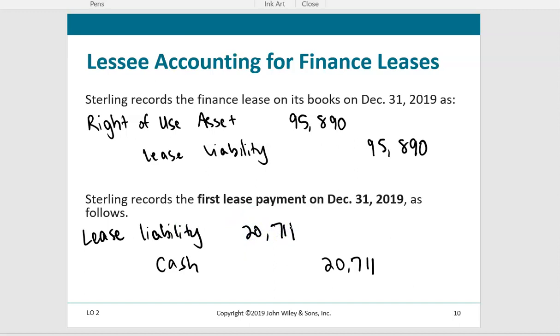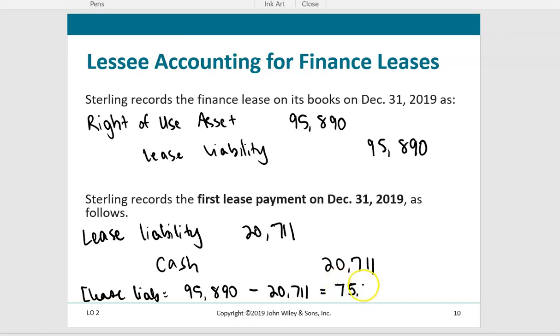So what is the balance in the lease liability at this point? Well, we recorded it at $95,890, and then we reduced it by the total amount of that first cash payment. In the future, there's going to be some interest component of these cash payments, but because this first cash payment is made on that very same day, there's no interest component because no time has passed.